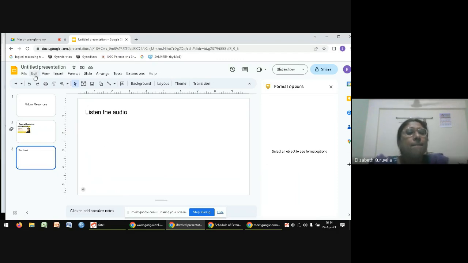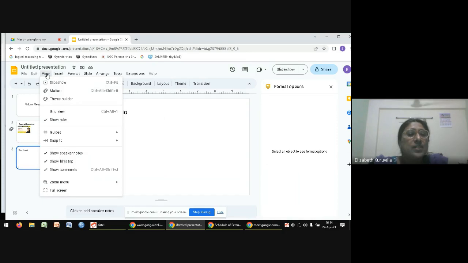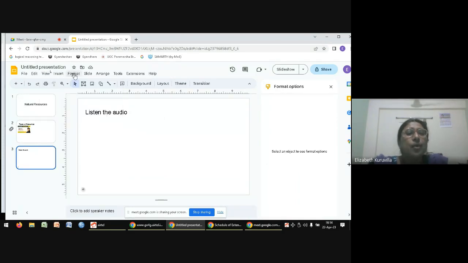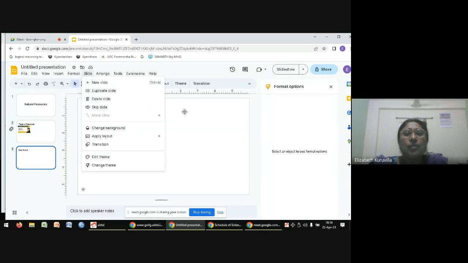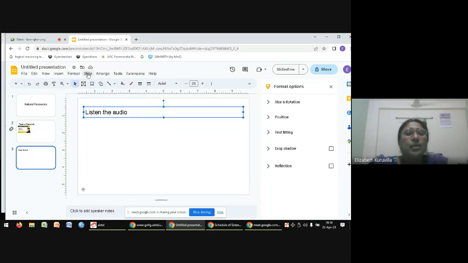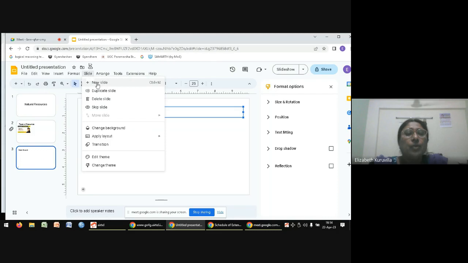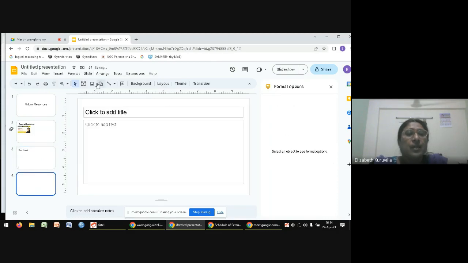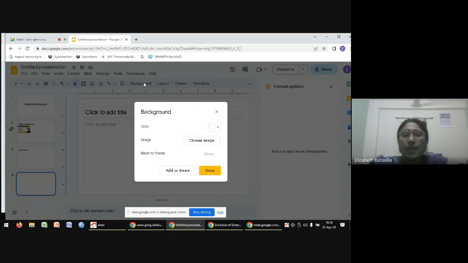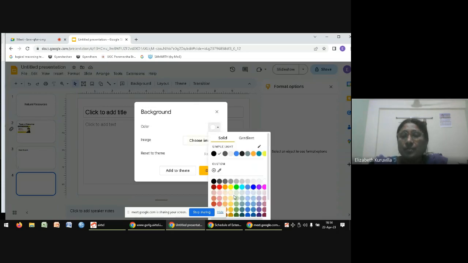Then if you want to view something, you can go to here. If you want to format something, you have to go to here. New slide, if you want to add, you can put new slide, so that new slide has come. Then the background, if you want to change, you can go to this background. There the color you can choose.